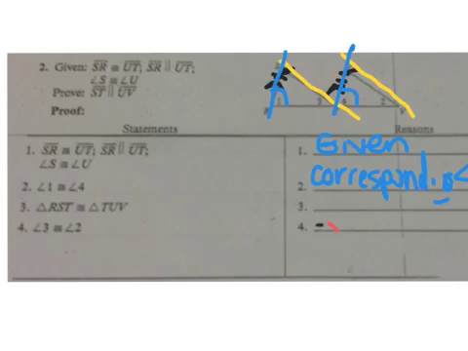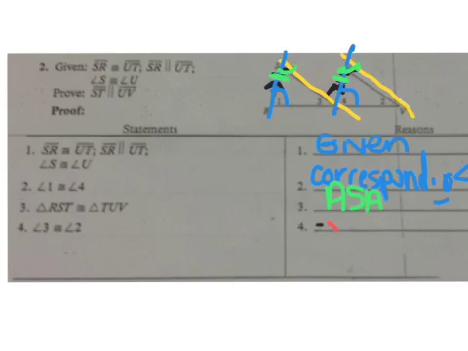All right, the next thing they said was that these two triangles are congruent. Okay, and if you look closely, we have angle S and angle U. And we already knew that these two sides were congruent. So we have angle, side, angle. So this one is angle, side, angle.